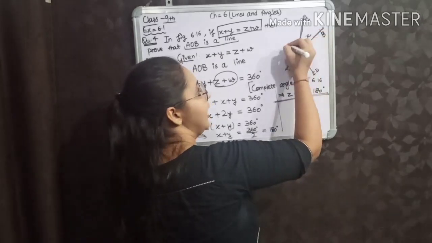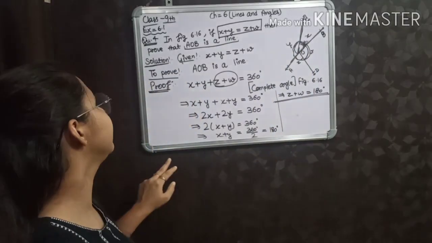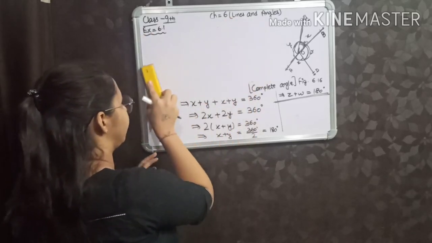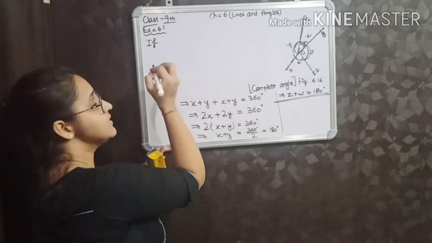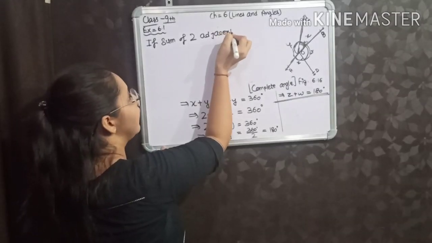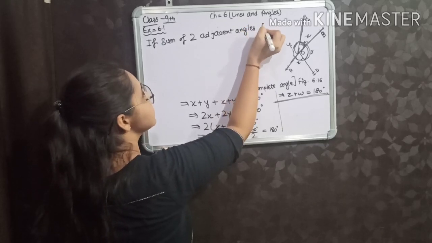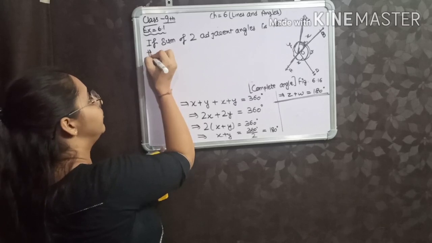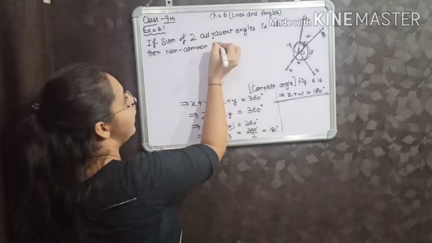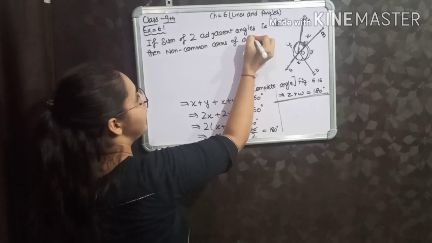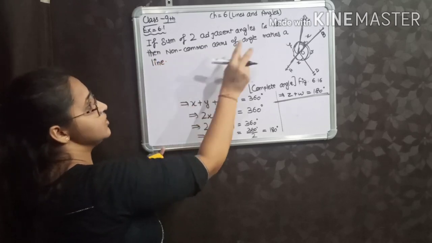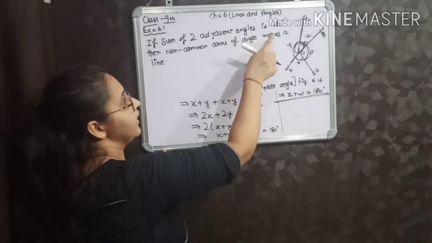Now we can say, this is our axiom: if the sum of two adjacent angles is 180 degrees, then the non-common arms of the angles make a line.